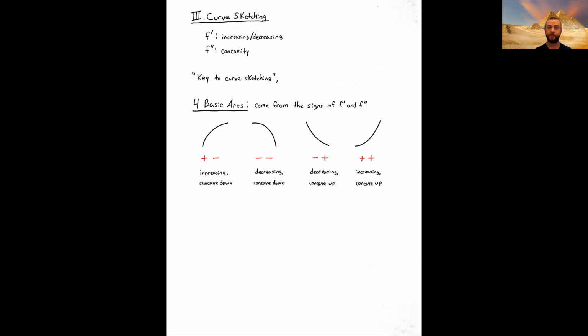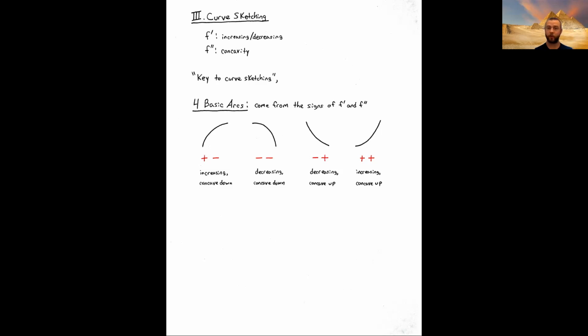The first arc, as you move left to right, is increasing, and that arc is concave down. Increasing corresponds to a positive first derivative. Concave down refers to a negative second derivative. So that's where we get this sign combination, plus minus, or positive negative, however you want to describe it.